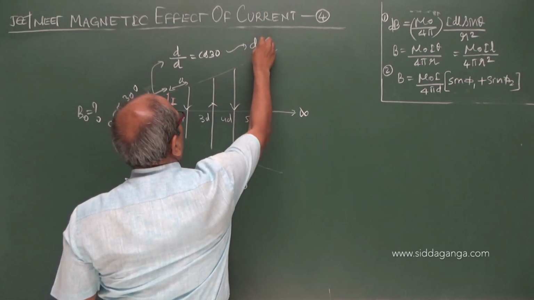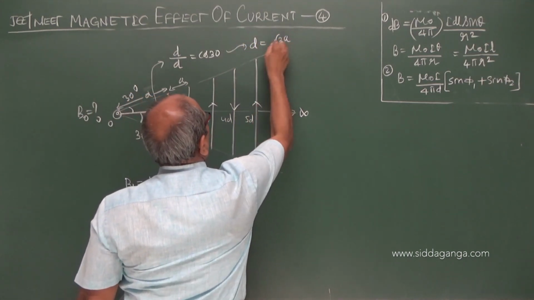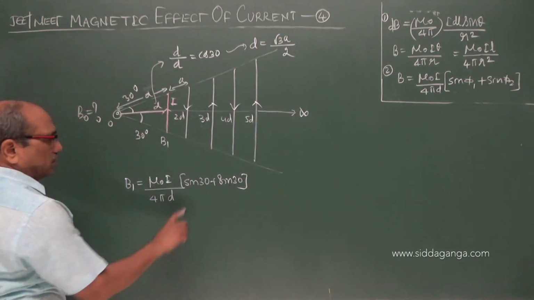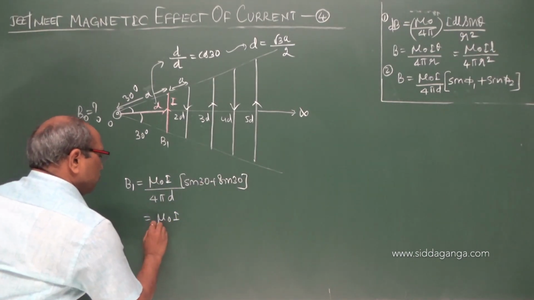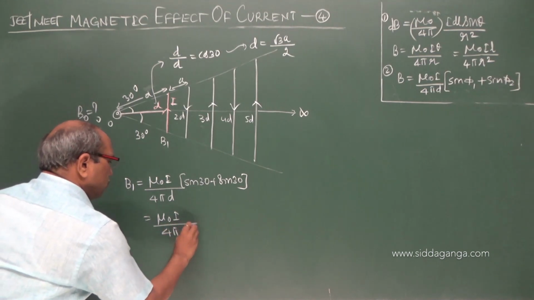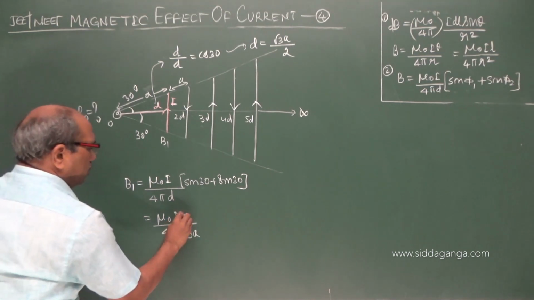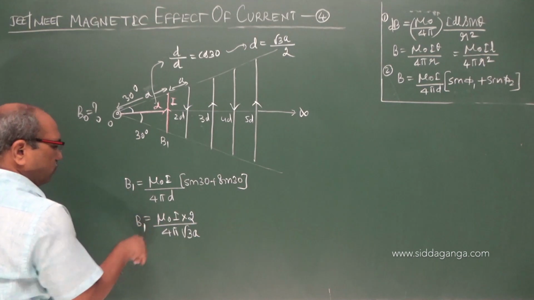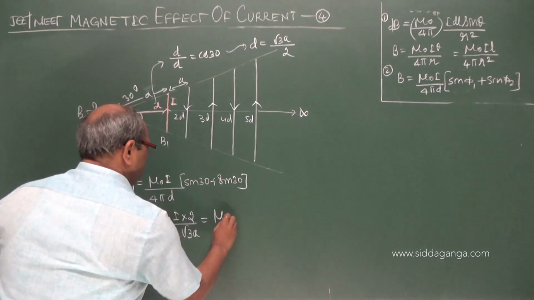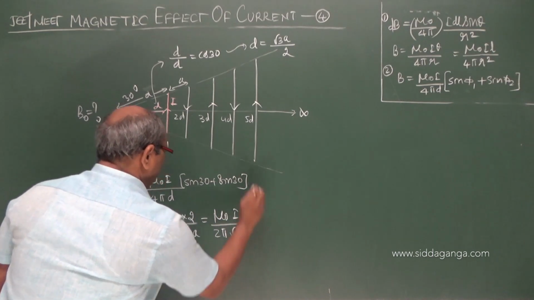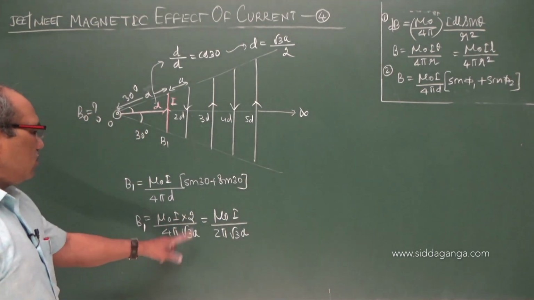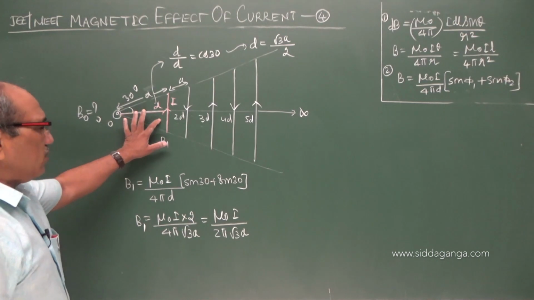Therefore, D equals root 3 A by 2. In terms of that, it becomes mu naught I upon 4 pi into root 3 A by 2 into 2, or more simplified, mu naught I by 2 pi root 3 A, with the 2 cancelling. So this is the value for the first one.